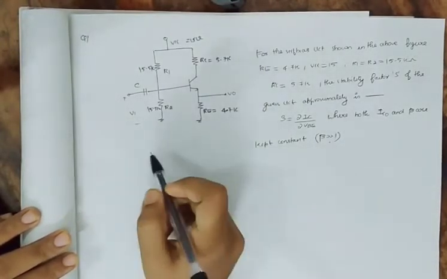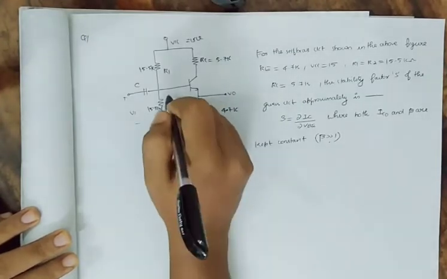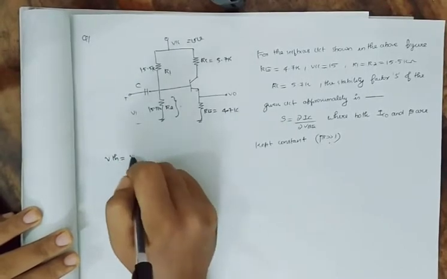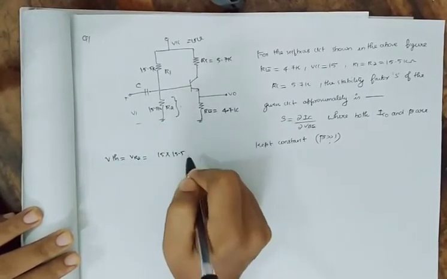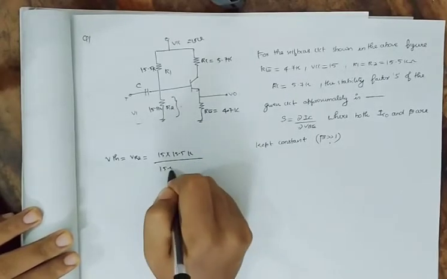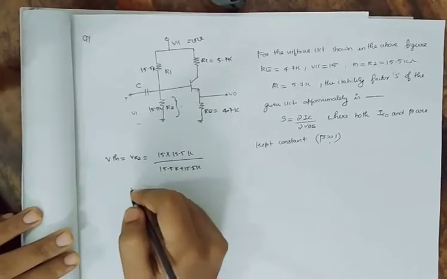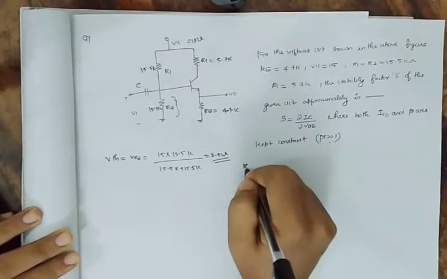Now I am going to draw the Thevenin's equivalent over here. The voltage VTH equal to VR2, which is equal to 15 into 15.5 K divided by 15.5 K plus 15.5 K, which is equal to 7.5 volt. And now what is RTH?